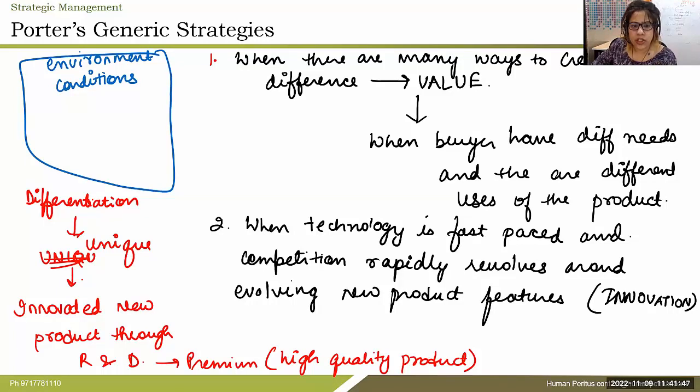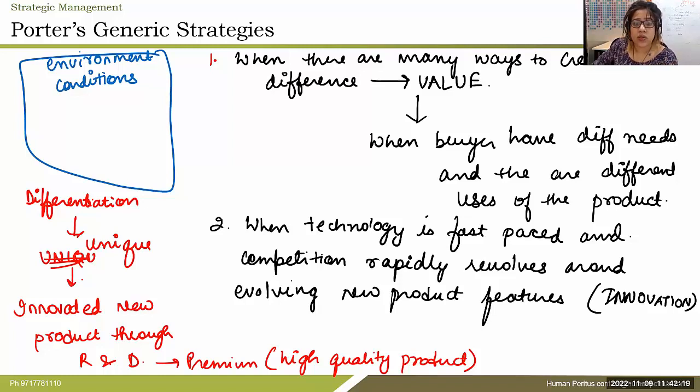Similarly, if you see Walt Disney, it has different characters for entertainment. Walt Disney is catering to children. We have Pokemon, we have Tom and Jerry and other characters. And when we come to the adult category, we also have Batman, Superman, right?